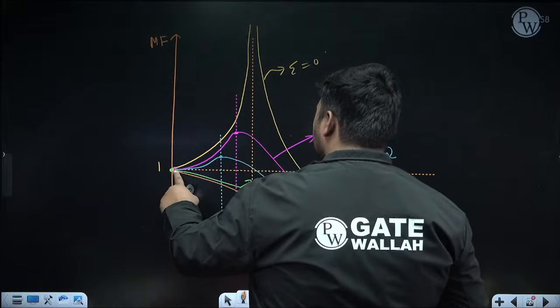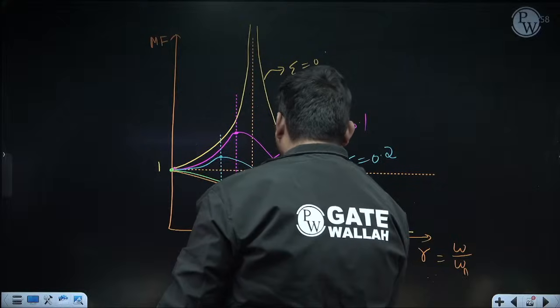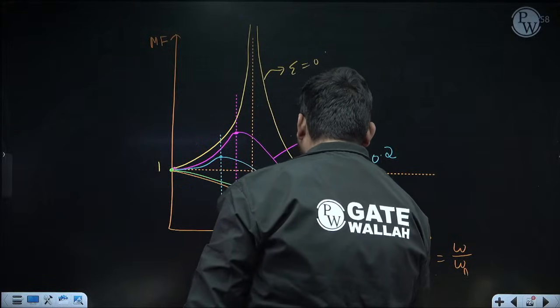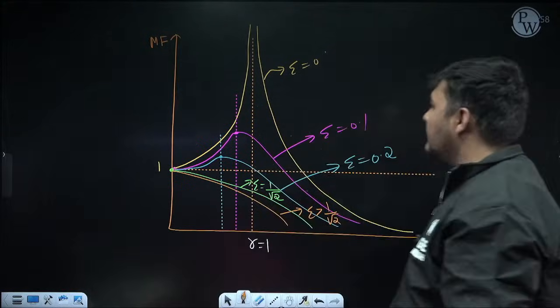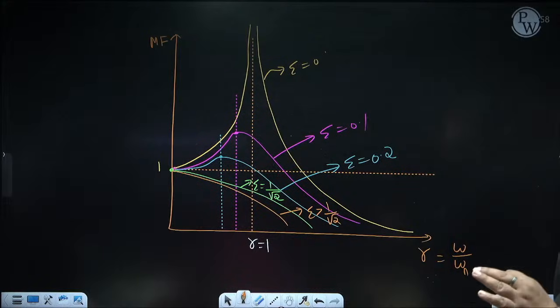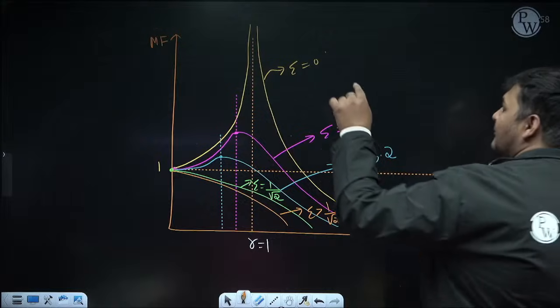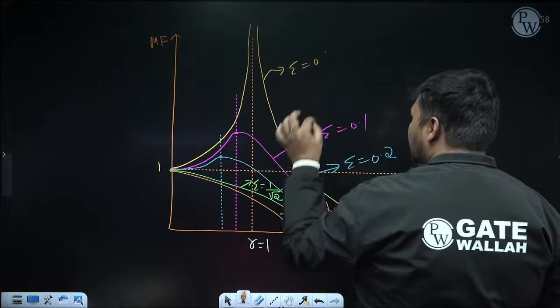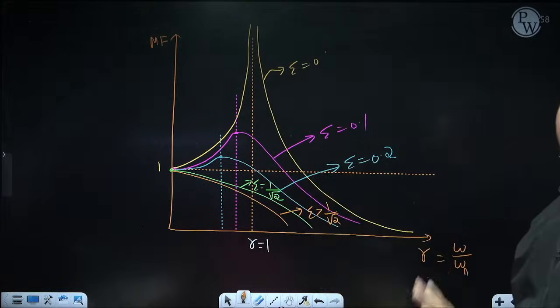MF is maximum here, the maximum value is 1, and after that MF is continuously decreasing. The more important point to understand in this graph is the pattern between 0 and 1 by root 2. After that, all discussion is easy. So I think this graph is clear.